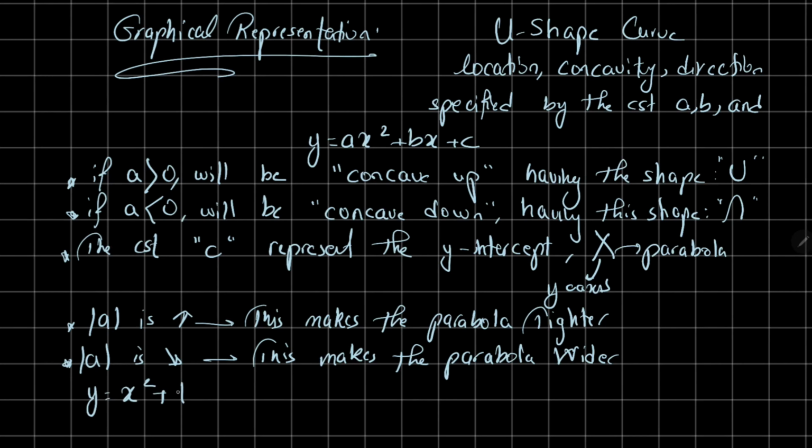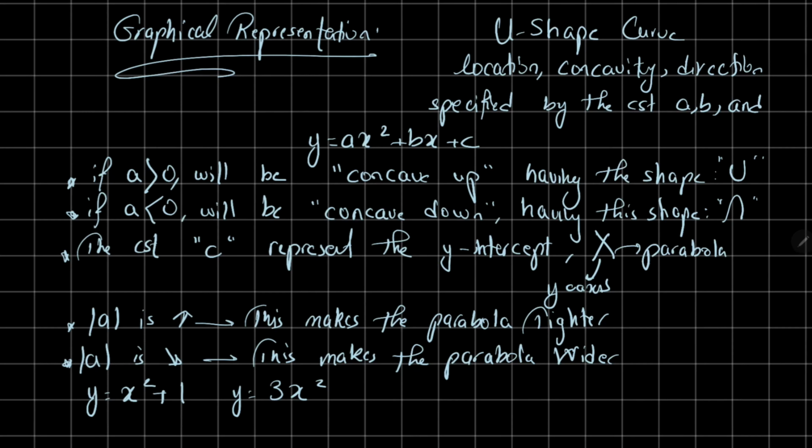Let's take y equals x squared plus 1. This is a parabolic function because it is in the form of y equals ax squared plus bx plus c, such that a is equal to 1, b equals 0, and c equals 1. And the function of y equals 3x squared. This is also a parabolic function having a equal to 3 and b equal to 0 and c equal to 0.